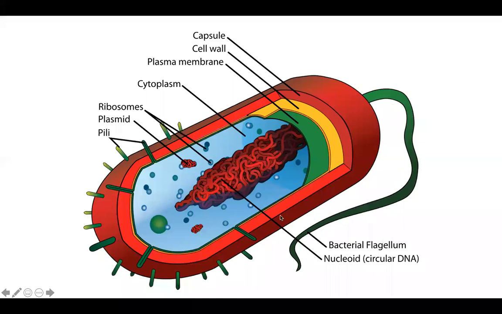And we have the nucleoid. Remember, we said that bacteria are prokaryotes, so they do not have a nuclear membrane, so they do not have a nucleus. We refer to that aggregation of DNA material as a nucleoid. So bacteria have a circular DNA.